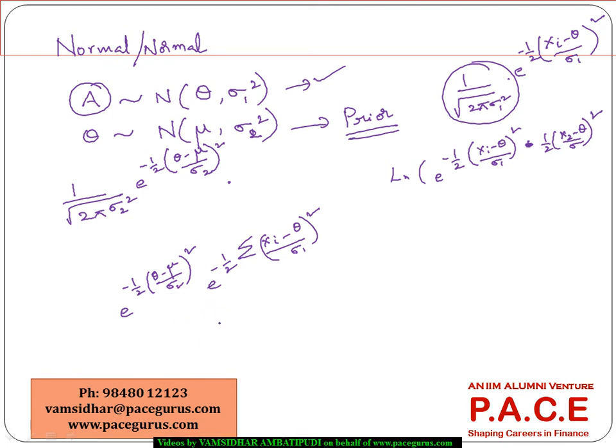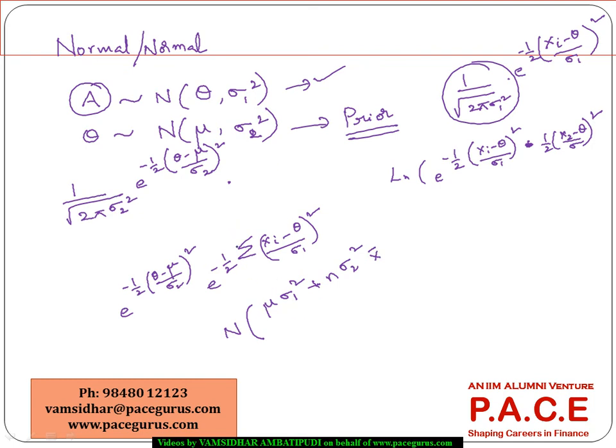So the posterior distribution here is coming out to be again a normal distribution, right? The posterior distribution of theta. Now I can very well try combining all these things. The mean will come out as mu sigma 1 squared, right? You can add these things up, so when you are adding these things up, this is coming out as mu sigma 1 squared plus n sigma 2 squared x bar.